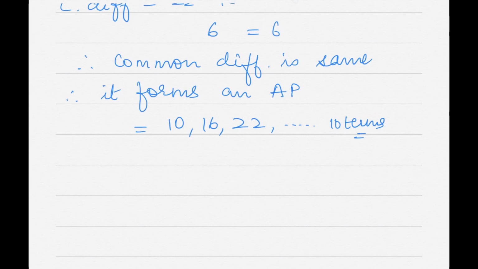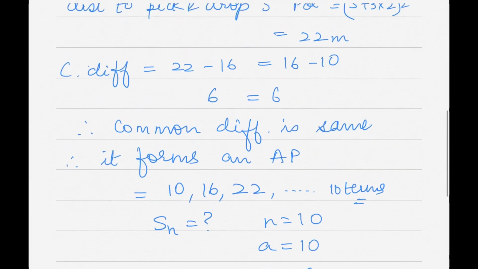I have to find S, the sum of all the distances traveled by the competitor. So I have to find Sn, where N is equal to 10, A is equal to 10, and D is equal to 6.